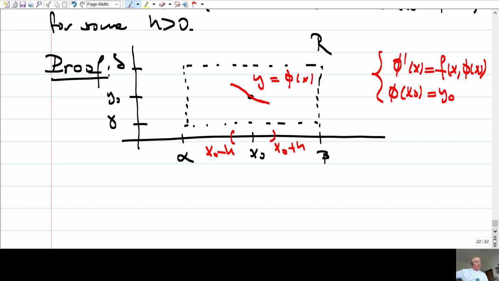The theorem just doesn't guarantee that. It just guarantees that there is a small interval on which the solution exists, but in general, we cannot even control the size of the interval. Now I will show you some examples of why this is the case.